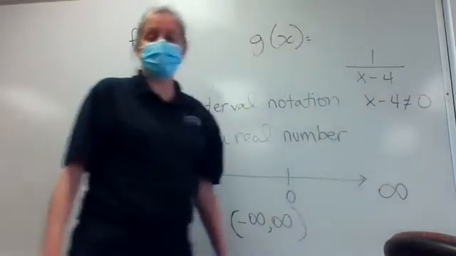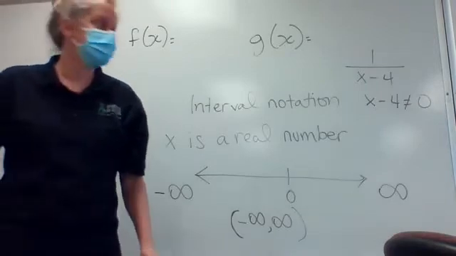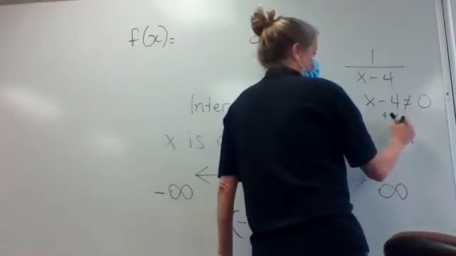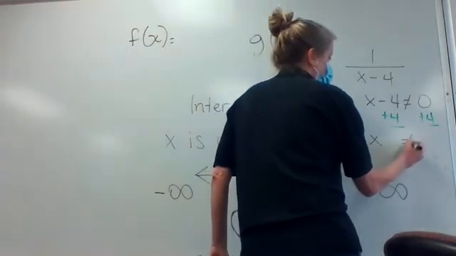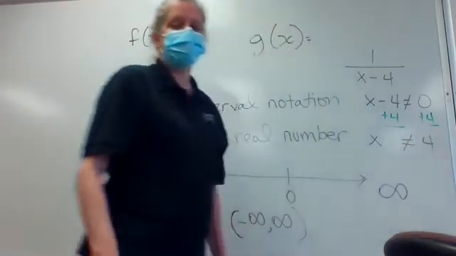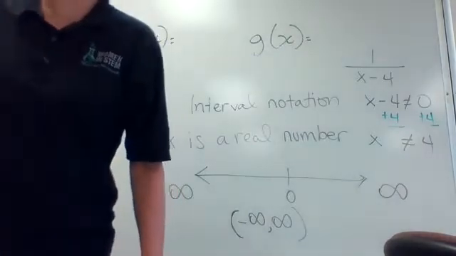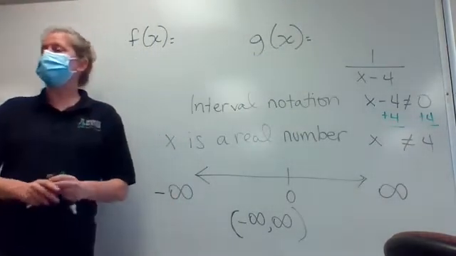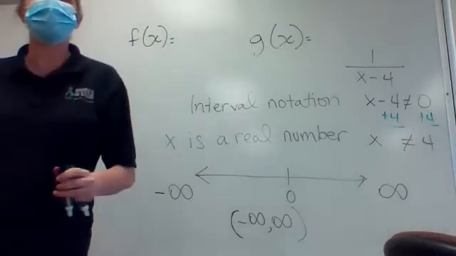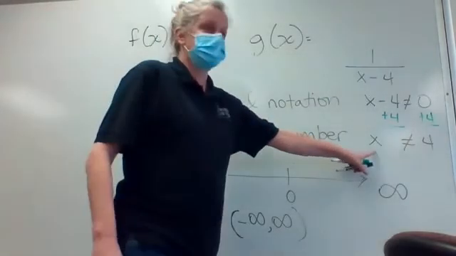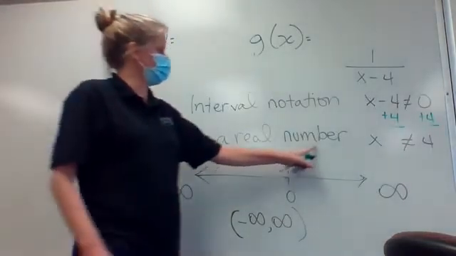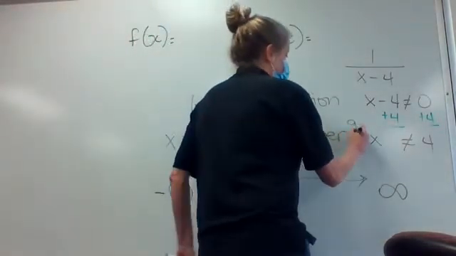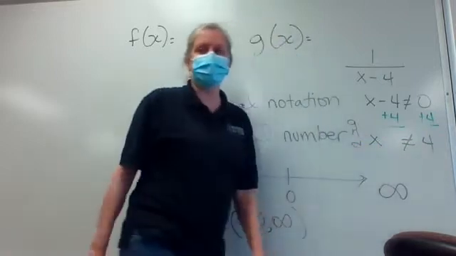That denominator can't equal 0, which means X in this situation couldn't equal 4. So let's see what that would look like. Again, we haven't started working a problem yet. I'm just showing you how this translates into interval notation. We were saying X is a real number and X can't equal 4.